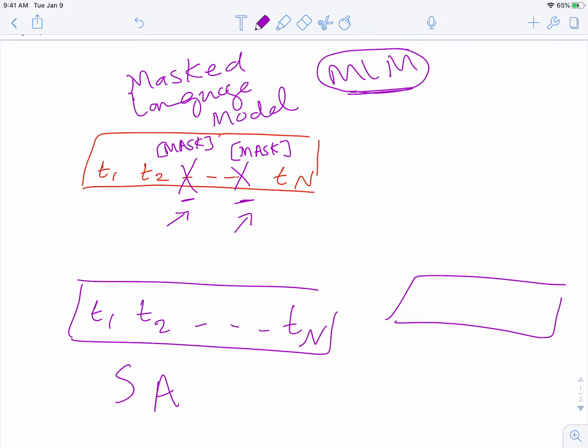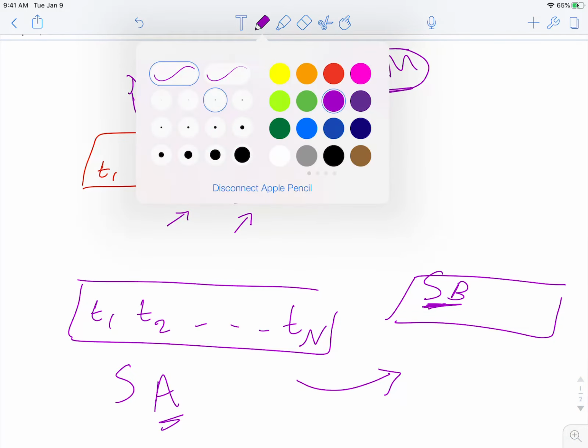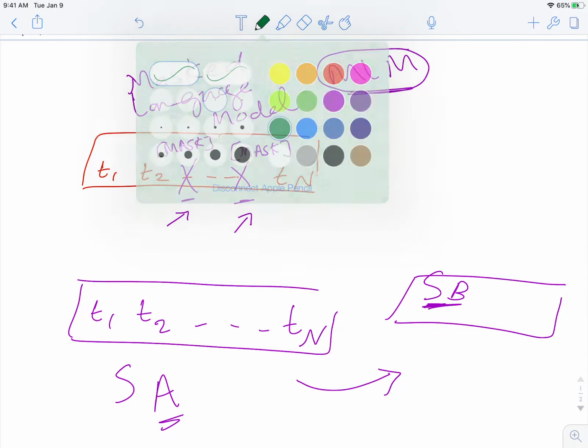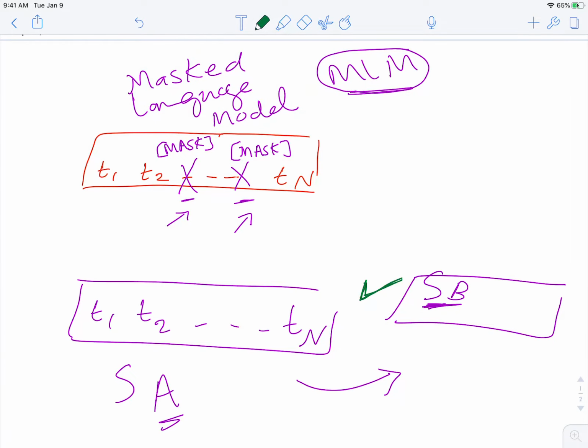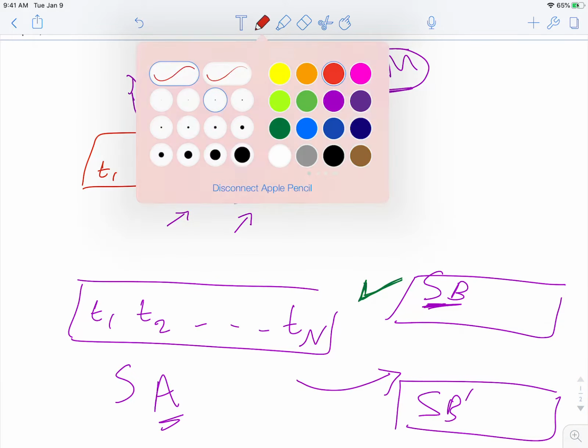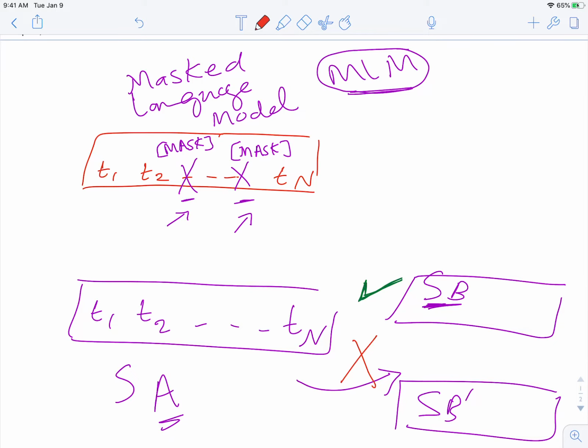I don't know if it was really the sentence that came after sentence A. So this is sentence B, okay, and sentence B, if it was the right one that really came after sentence A, then we would just put a check mark, say okay, so okay, fine. But then one thing we could do is we could have sentence B bar, which is basically a sentence that never occurred after the first sentence.